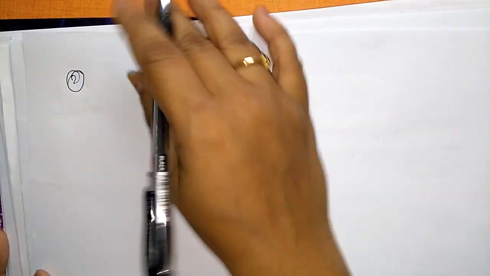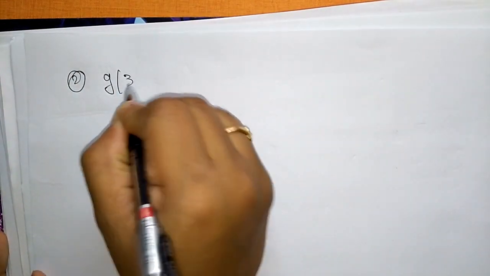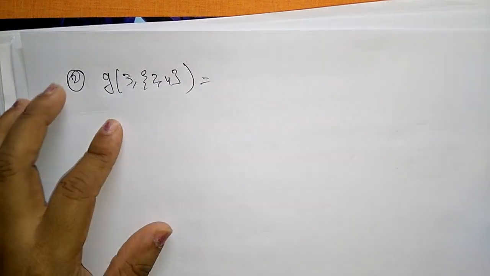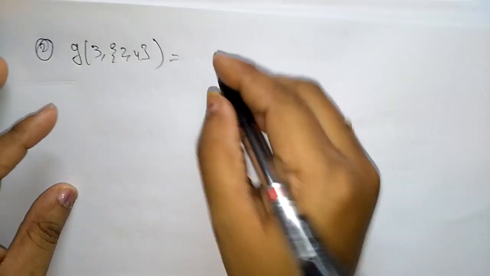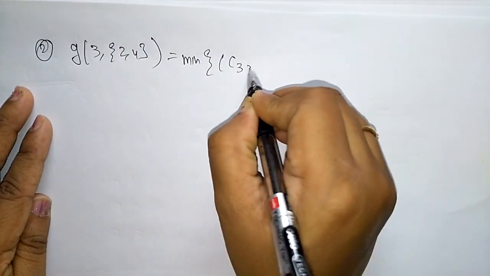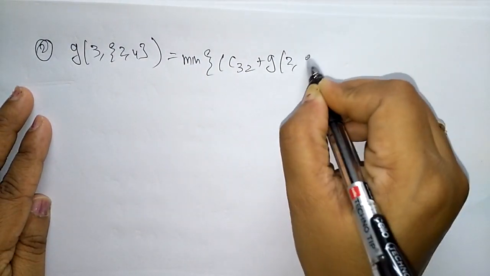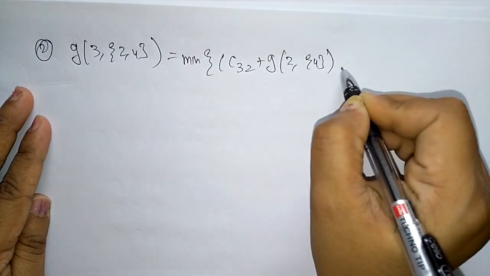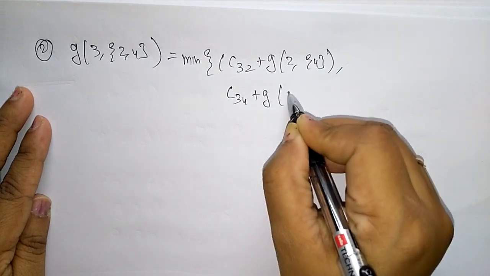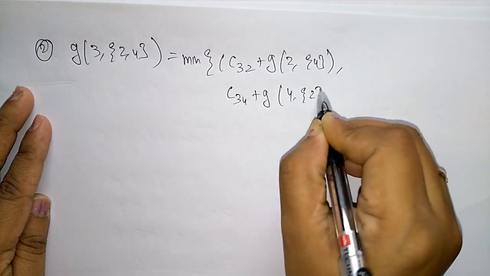Now let us start the second equation, that is g of 3 comma 2 4. By applying the same equation, it is the minimum of C32 plus g of 2 comma 4, and C34 plus g of 4 comma 2.